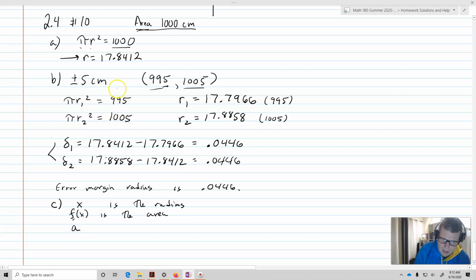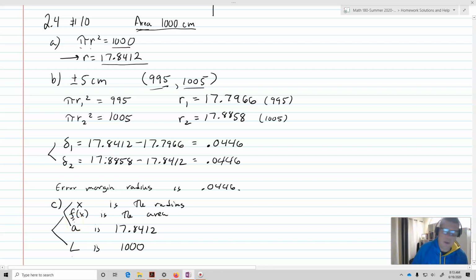A is going to end up being 17.8412. That's the value that we're looking for the limit towards. A is the one that goes along with the 1000. L then is going to be the 1000, because it's a value for f of x. So F of x goes with L, x goes with a.